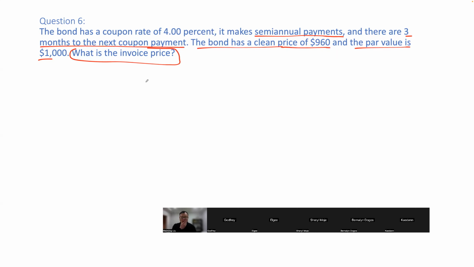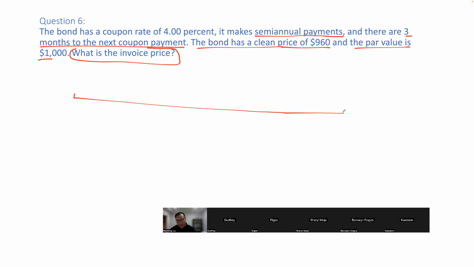So the bond price is $960, and the par value is 1,000. What is the invoice price? Because this payment is made semi-annually, right? And there are 3 months to the next coupon payment.